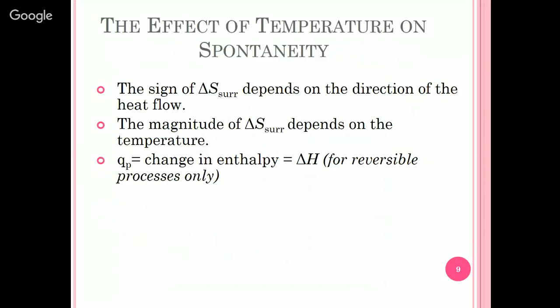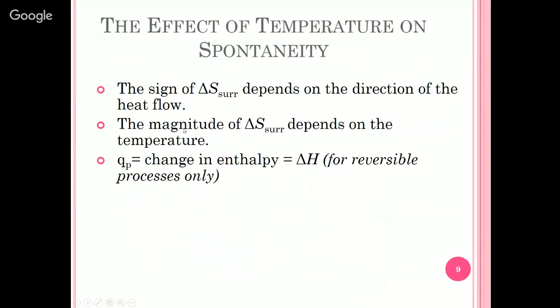The more energy we have, the more they're moving, which means more likelihood of different microstates. The sign, either positive or negative, means we're either increasing entropy, which would be positive, or decreasing entropy, which would be negative, depending on which way the heat is going. If you're getting colder, you are decreasing your entropy. If you're getting hotter, you're increasing your entropy.